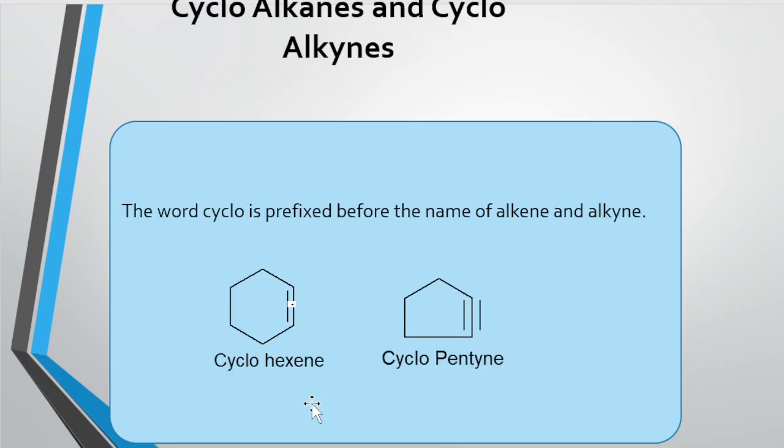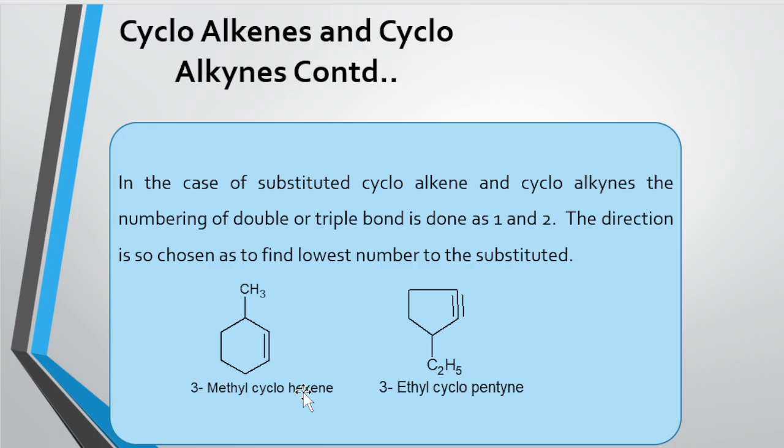Similarly, if we consider the cycloalkenes and cycloalkynes, you can clearly see here the word cyclo must be included: cyclohexene, cyclopentane. In the case of substituted cycloalkenes and cycloalkynes, the double bond or triple bond must be numbered as 1 and 2. So, the direction is chosen to give the lowest number for the substituent. See, for example, if we consider this one, the double bond gets first priority.